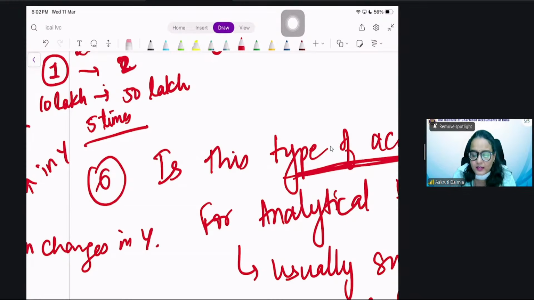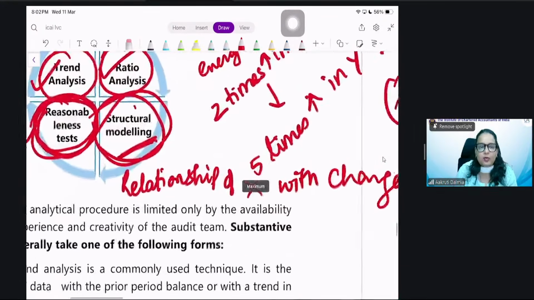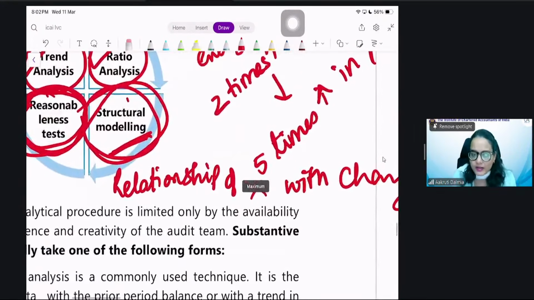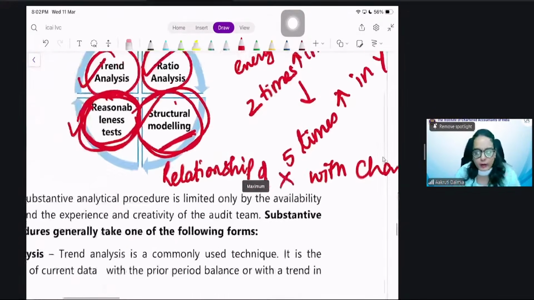Ratio analysis, calculating different kinds of ratios, financial ratios, non-financial ratios to do analysis. This you have been learning since your 11th and 12th standard. Ratio analysis padha hai na? So that is also a type of analytical procedure. The third technique is doing reasonableness, meaning using common sense. And the fourth way of doing analytical procedure is structural modeling.